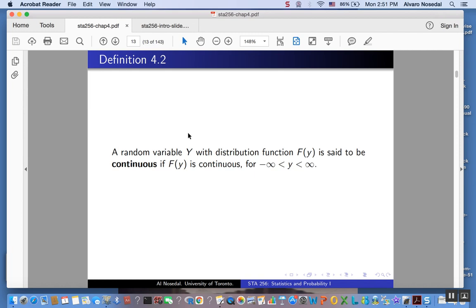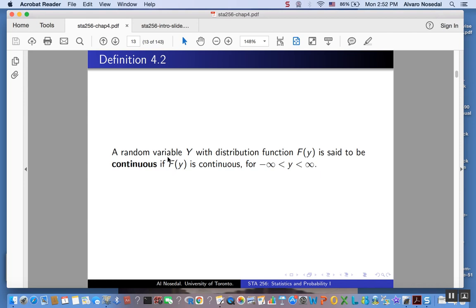But in this video, I'm going to show you an example of a random variable where it turns out that the CDF, that new function, capital F, happens to be continuous. Then we're going to say that the random variable is continuous. Okay?